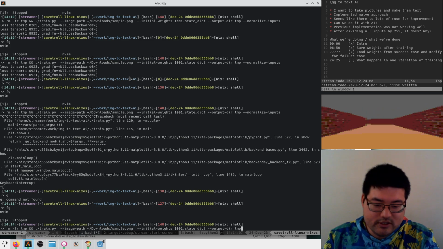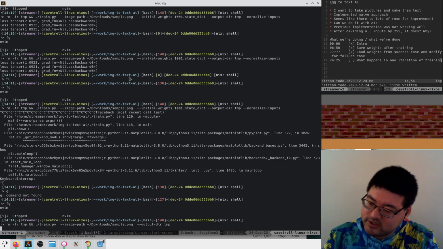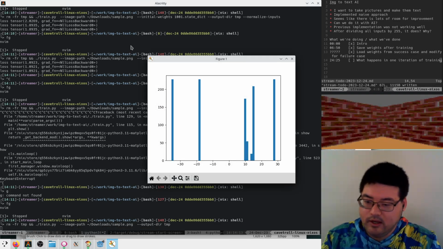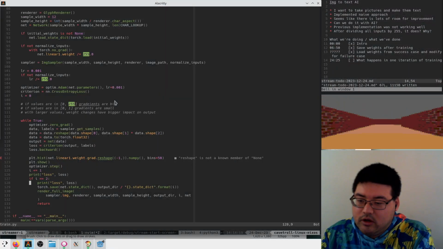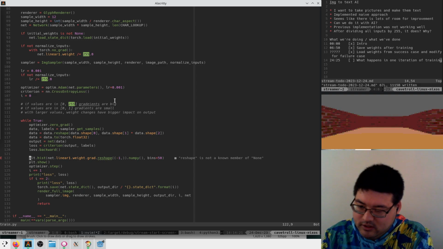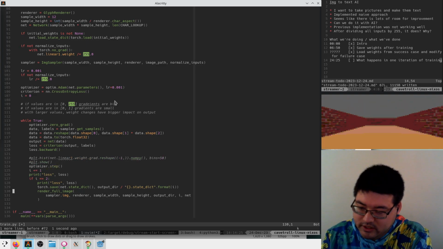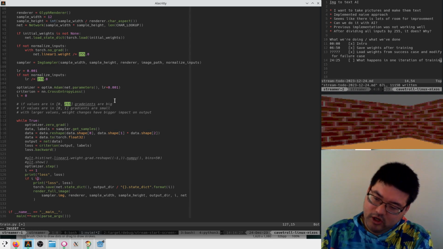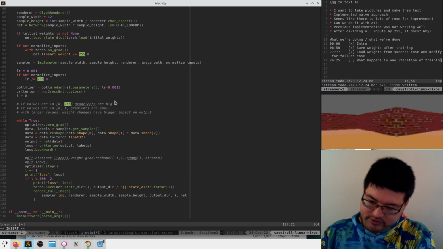So let's train with no initial weights, with no normalized inputs, and oh, I need to disable this Python plotting stuff. And we also need none of this histogram stuff, and we're not returning anymore, and we're checking if i mod 500 is equal to 1.